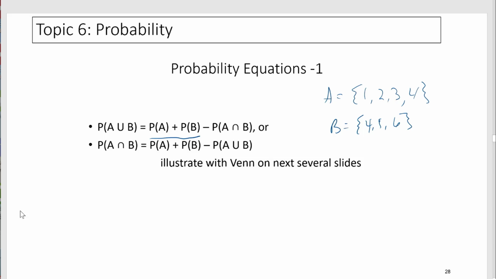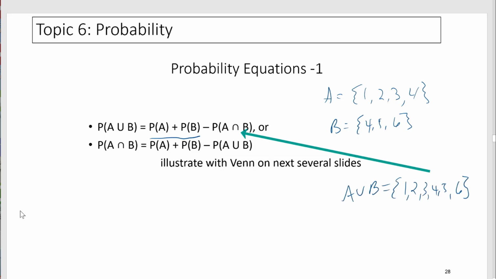If I union them, I'm saying what's in A or B or what's in both. Well, A has a 1, a 2, and a 3. A and B both have 4, but I don't write it twice. I only write it once, and then a 5 and a 6. So I can't count that 4 twice. So how does that deal with probability? Well, since 4 could have been counted twice, I've got to subtract that off when dealing with the probability.